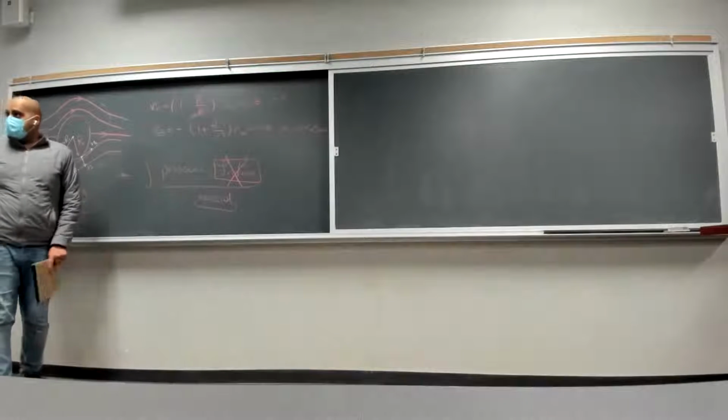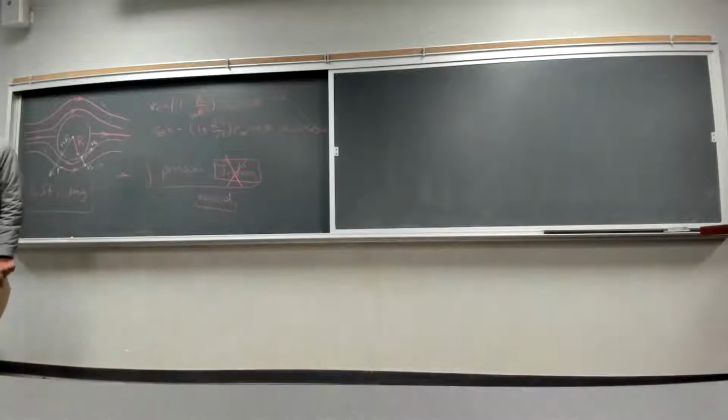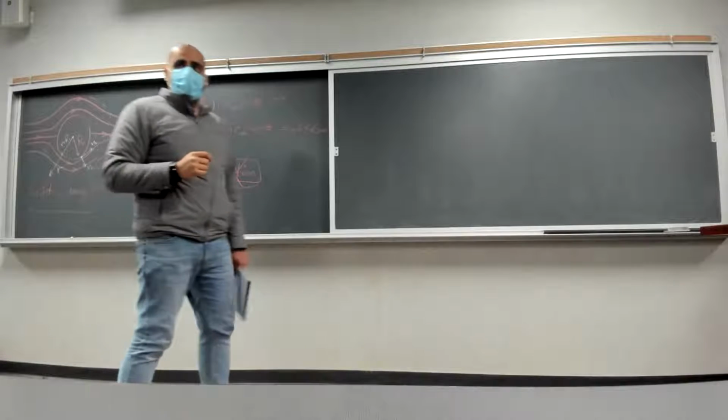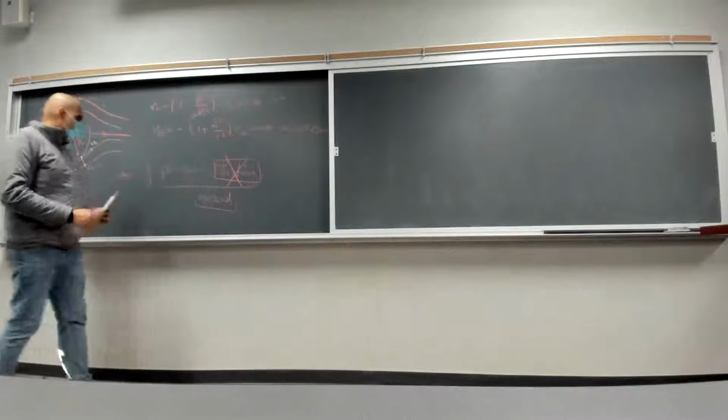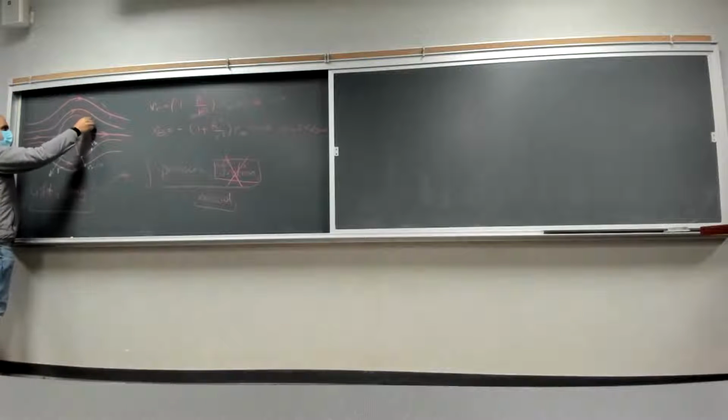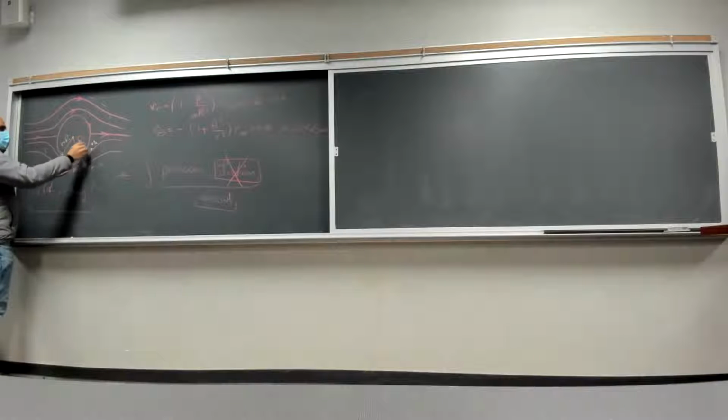So what does this mean? This means that on the surface, the only velocity component is V theta, which essentially means that on the surface, your velocity vector is always tangent to the surface.